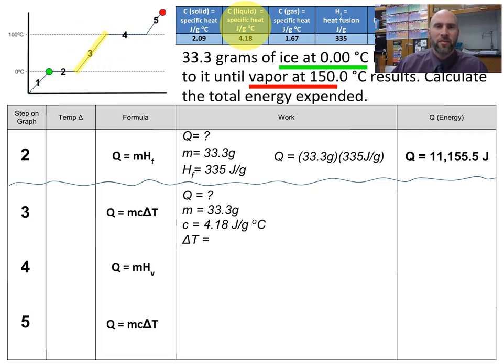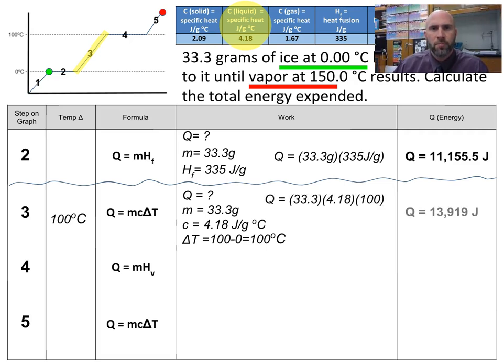That means the final temperature is 100 and my initial temperature was 0, because I'm going through the whole section. So that's a temperature change of 100. Plug that into your calculator and you get 13,919 joules. Same thing, move on to the next step, do a little squiggly line.